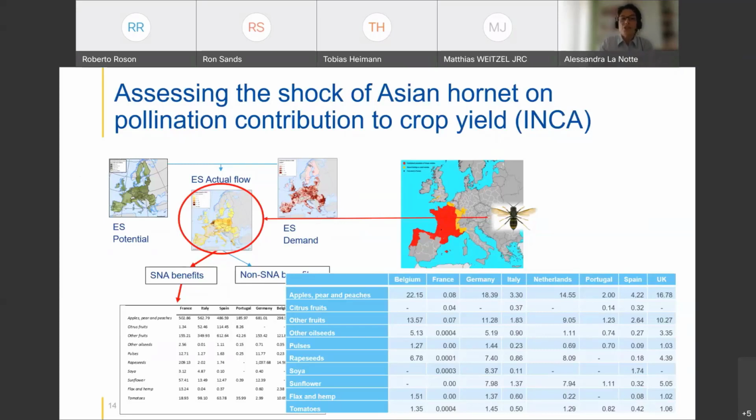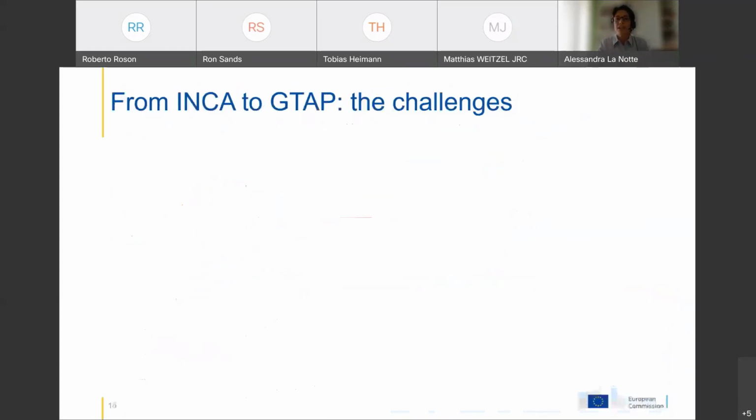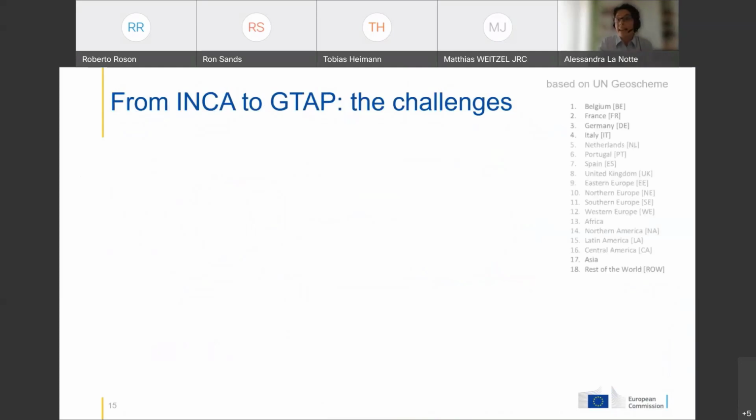But as you can imagine, if we want to move from INCA to GTAP, we need to harmonize classification and data. In terms of grouping the countries, we adopted the EU GEO scheme. So we kept outside any group the individual countries that were directly affected by the wasp.